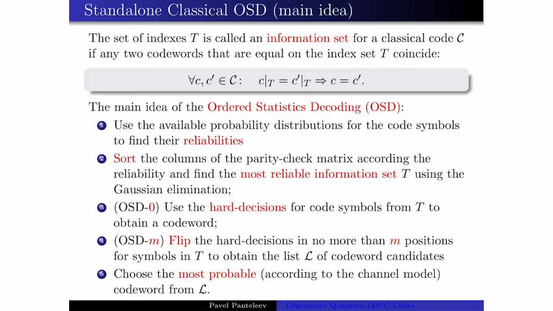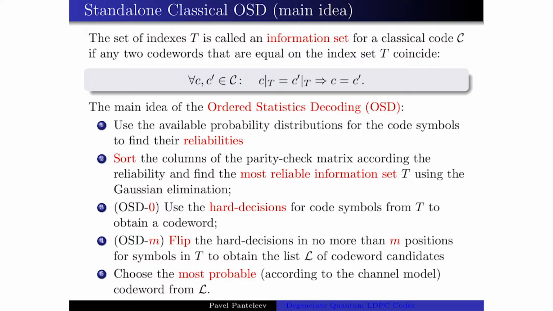The standard classical OSD's main idea is to use what is called an information set. An information set is just a number of positions of the code word that you can use as information bits, to encode your code word.